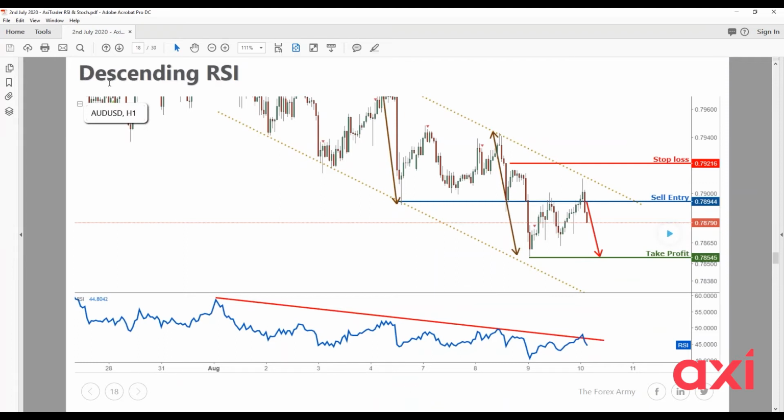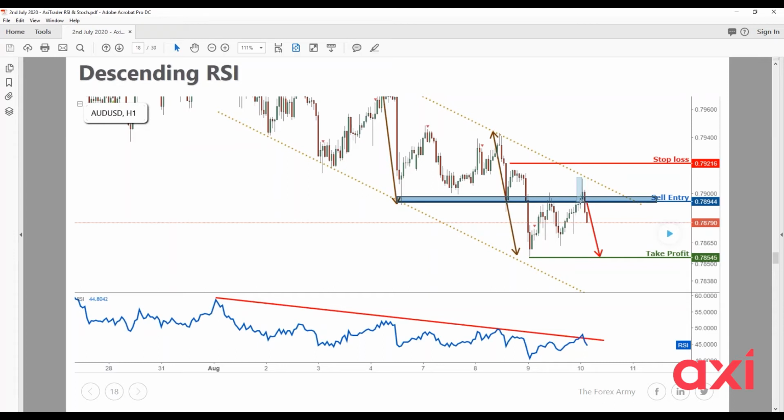There is also a descending RSI, right? So it's the same thing here. We noticed that there was, I'm not sure if you can see it, a very nice descending channel pushing price lower, right? It was very nice price action at this level. It's like an overlap resistance.